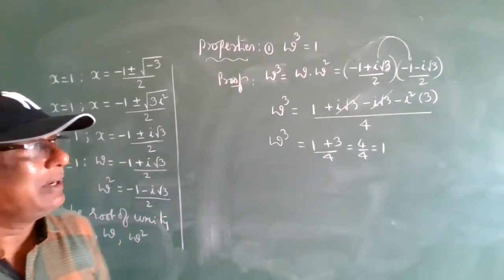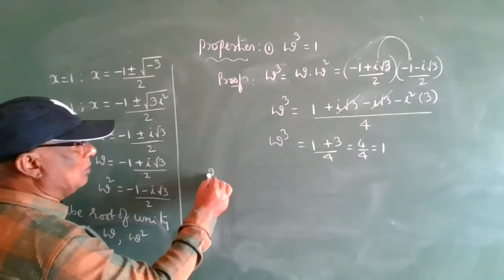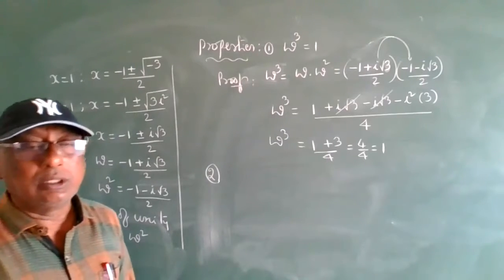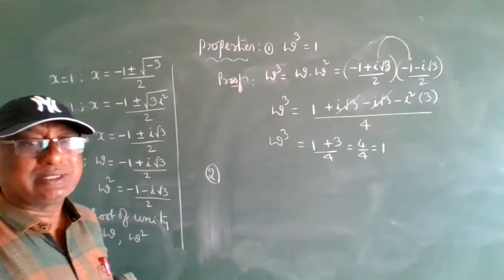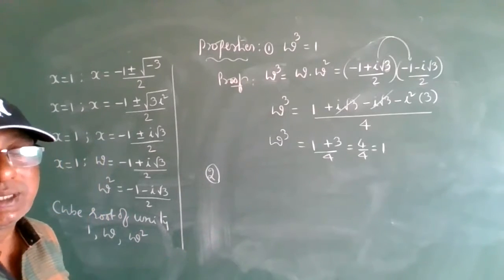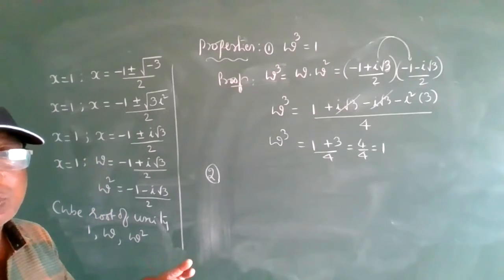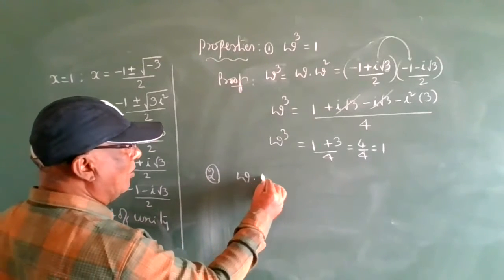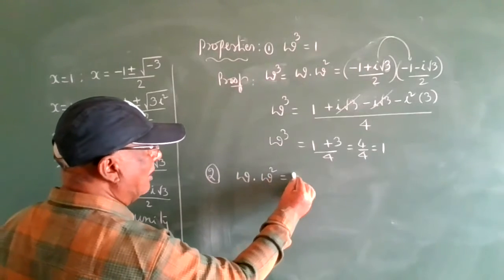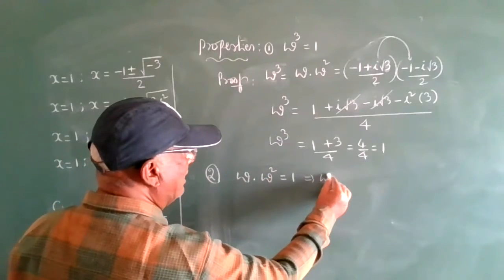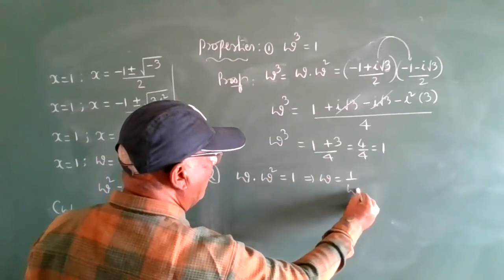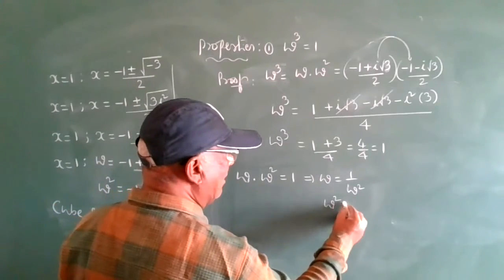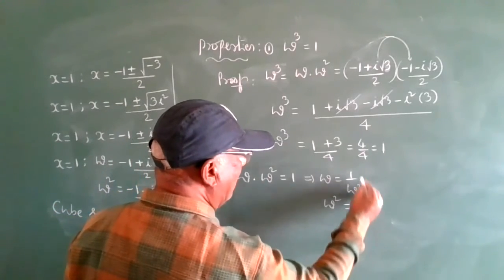One point is completed. Property number 2: omega and omega square are reciprocals. Omega into omega square is equal to 1, so omega is equal to 1 by omega square, or omega square is equal to 1 by omega.